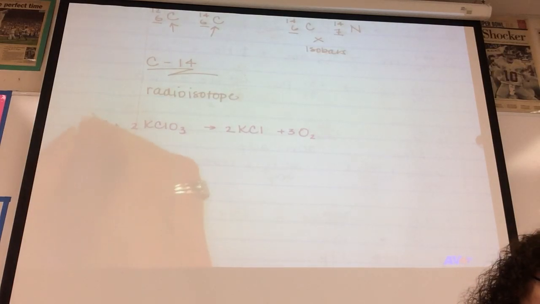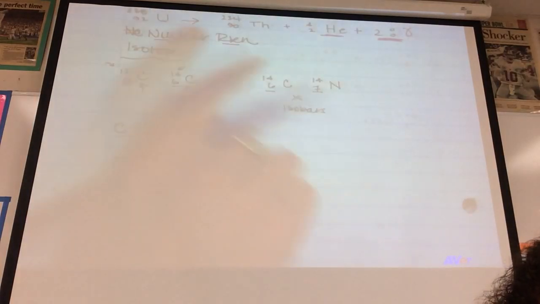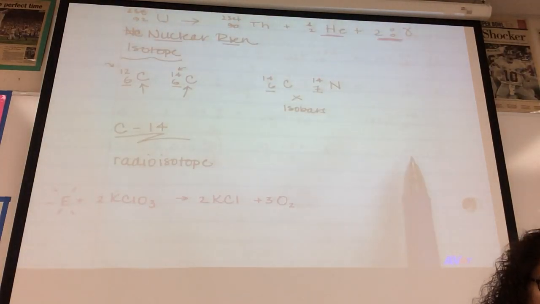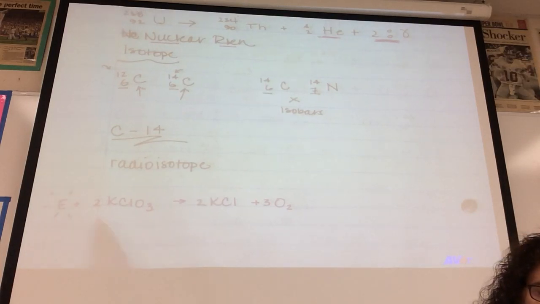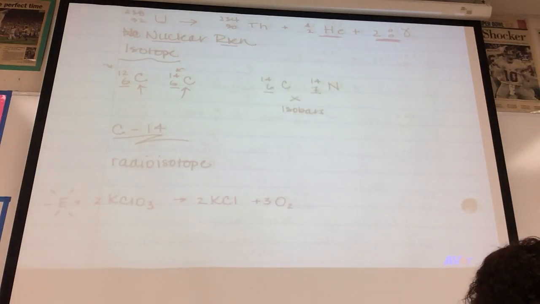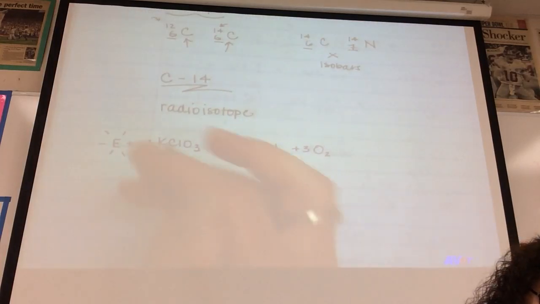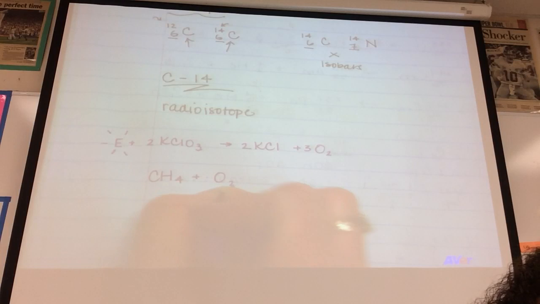And this quantity of energy is typically not very large. In contrast, when you have a nuclear reaction, you will see a lot of energy being typically released. So there are differences in the amount of energy change that you would see. In a chemical reaction, it's going to be relatively low. In a nuclear reaction, it's going to be much higher. And in a chemical reaction, remember, it can be endothermic, or you could have an exothermic reaction, for example, with combustion.